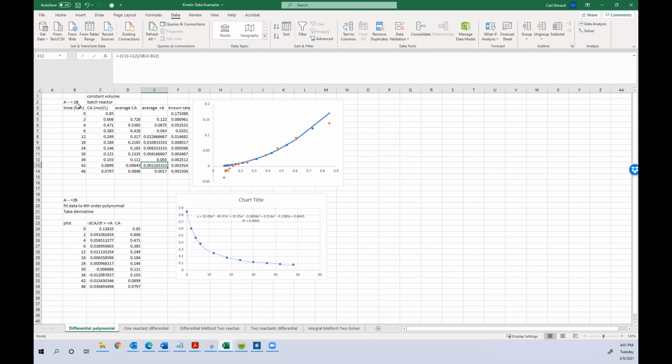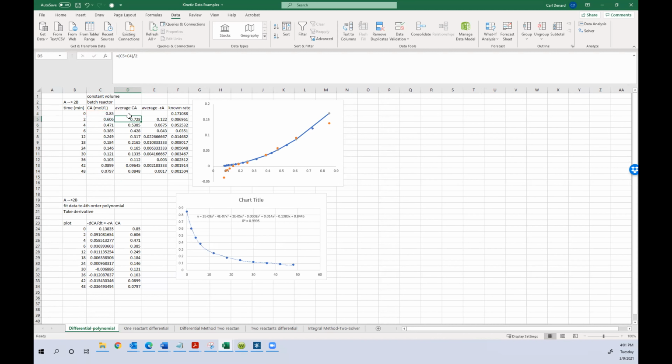So for example, this is a normal reaction where you have time versus concentration. I just copied it directly from the book because it was simple enough. You calculate an average concentration by taking the point before plus the point at 2 minutes, divided by 2.